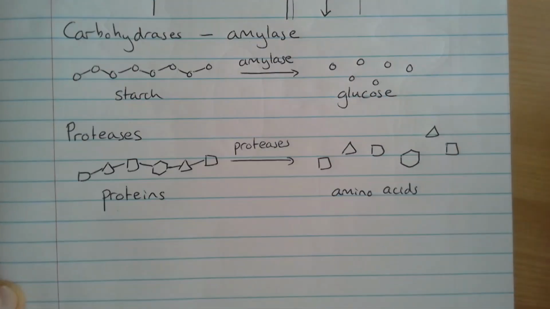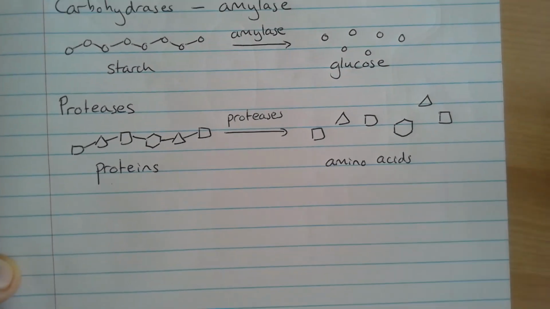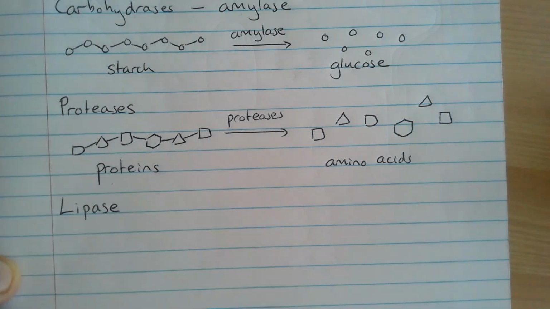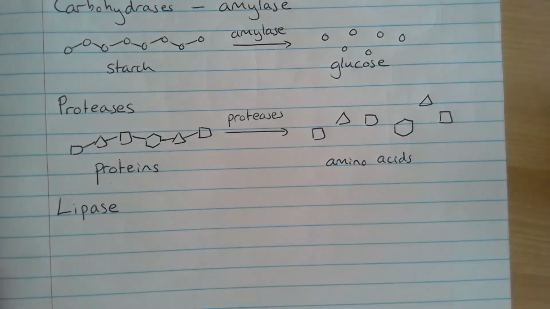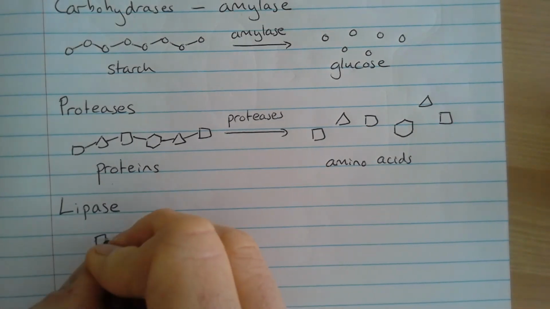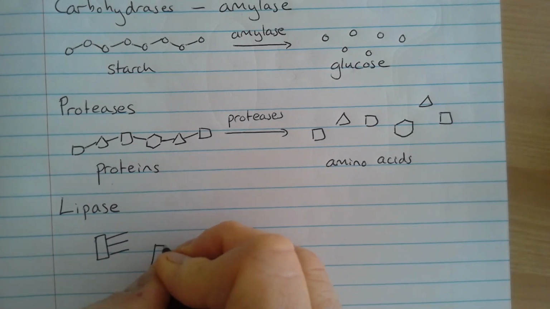Our last food molecule and enzyme that breaks it up are fats, and the proper name for fats is a lipid. Therefore, the enzymes that break up fats are called lipases. Now, fats are made of two units.